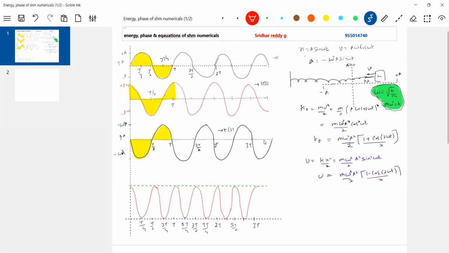This is the kinetic energy. The red color is the kinetic energy. Okay, now we'll plot the blue color one. That will be the potential energy.